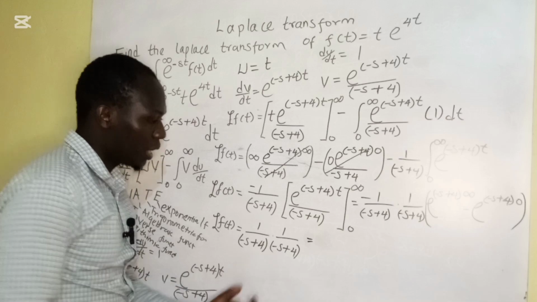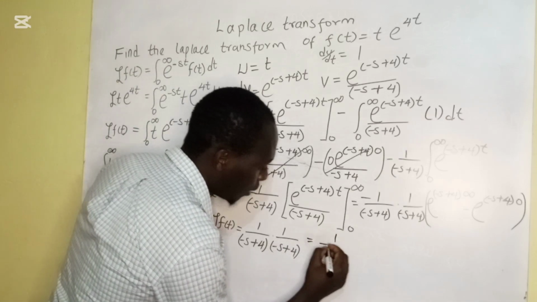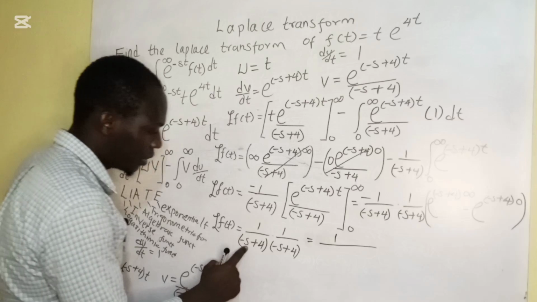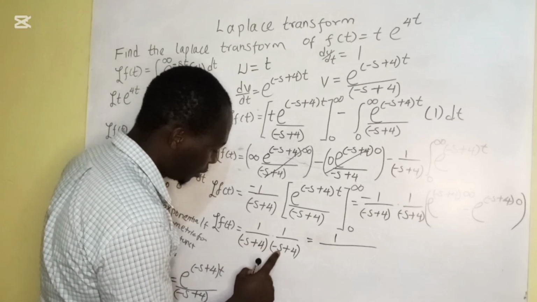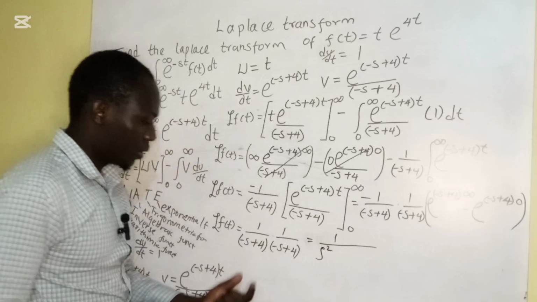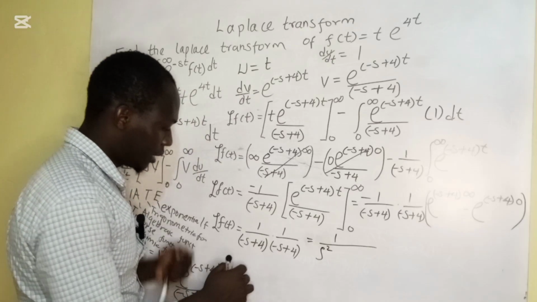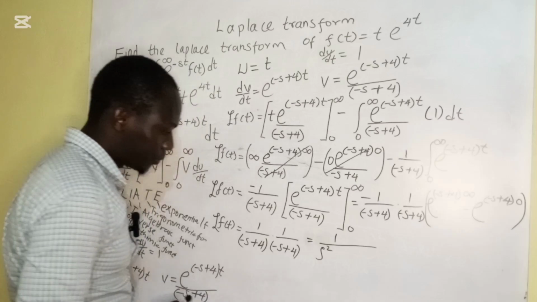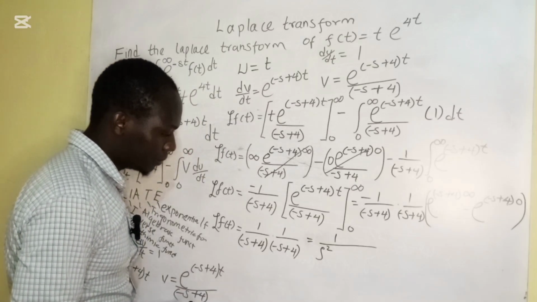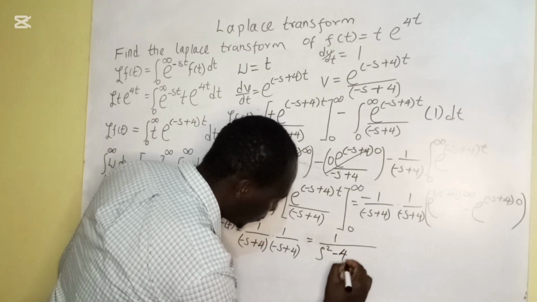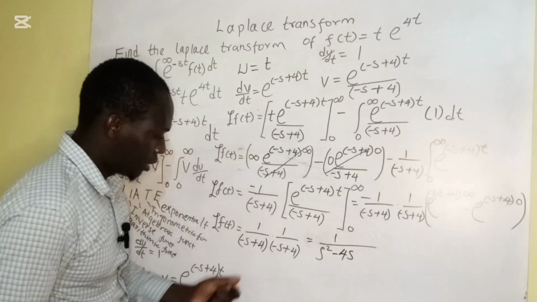At this point, on the numerator we are going to have 1 all over. The denominator here, we are going to have negative multiplied by this one, negative of s, we are going to have s squared. We are opening our bracket here. Negative s multiplied by positive 4, we are going to have negative 4s.